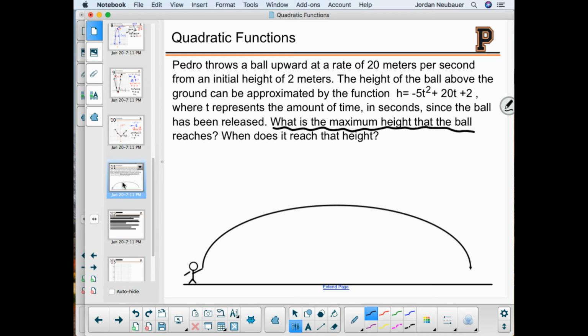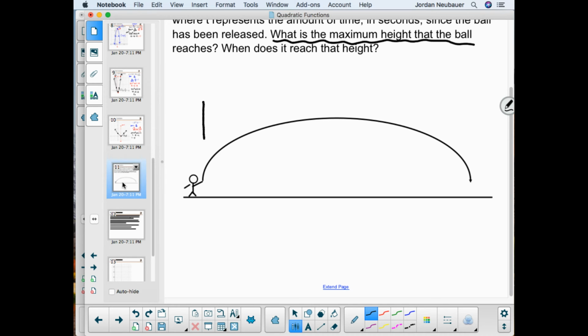If we think of this scenario represented on a coordinate grid, you've got your vertical axis representing height, and your horizontal axis representing time. What we're essentially looking for is when it reaches its maximum height, which is going to be right here at that vertex point, and also not only when, but how high.